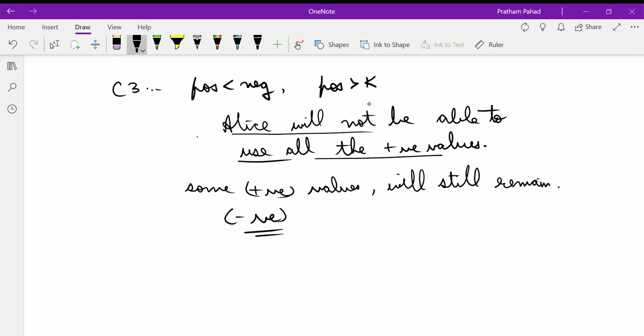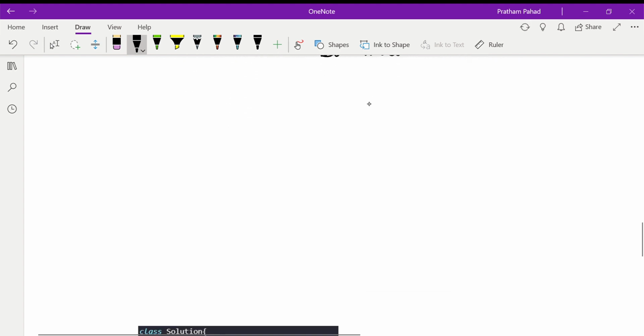So in this case also, Bob will win. So one thing is that if our positive is even, and your k is also greater than positive, in this case you can return true.